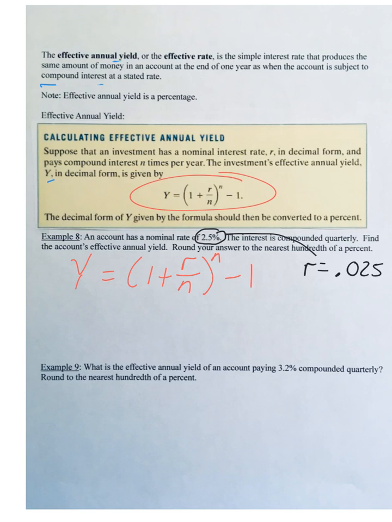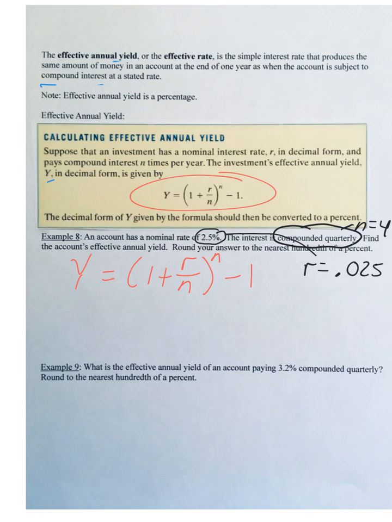And then the two lowercase n's, it's compounded quarterly, where n is 4. N is 4. So quarterly is, of course, 4 times a year. Again, if you forget, you can always check the first slide of this video to see what to plug into little n with all of these formulas.